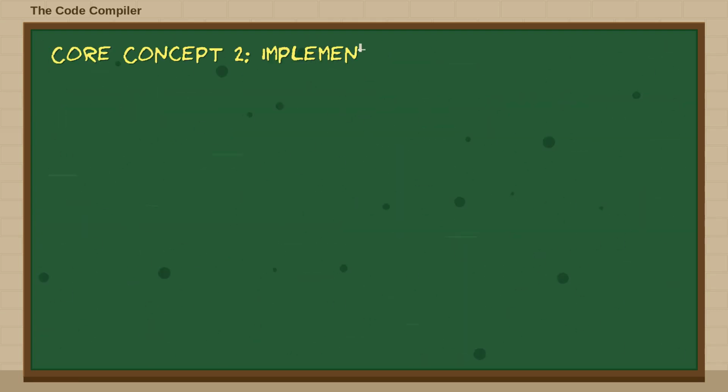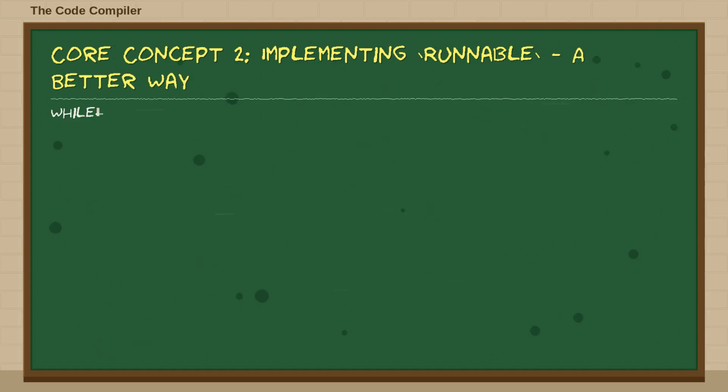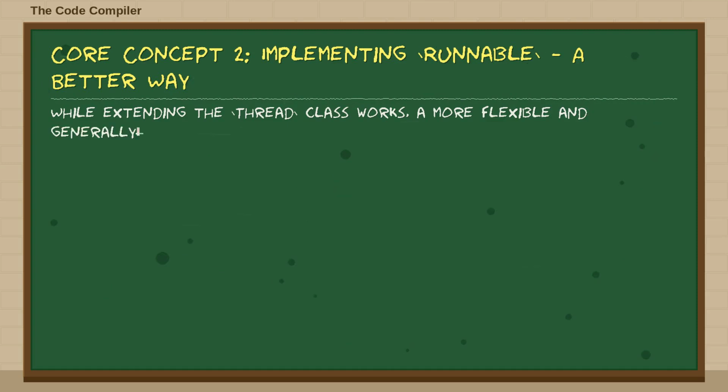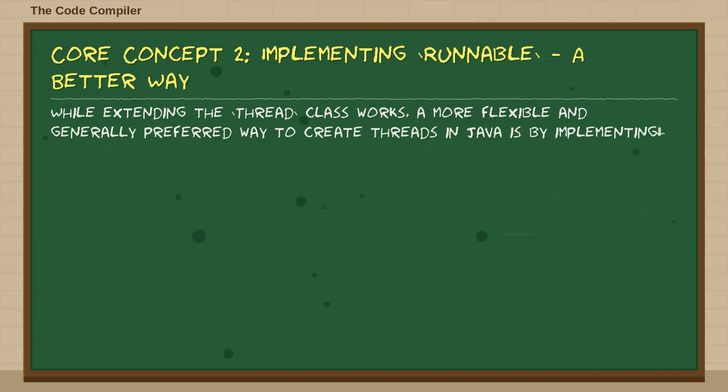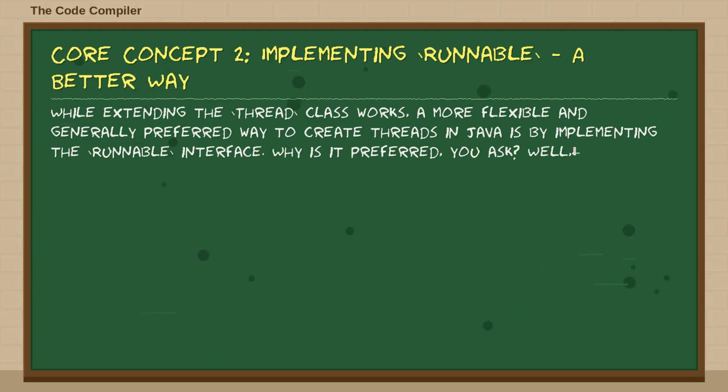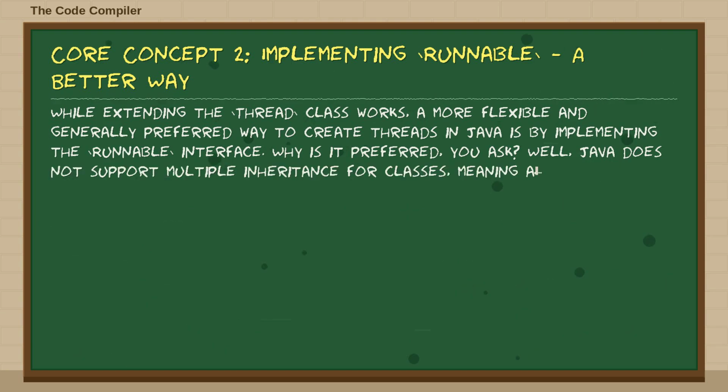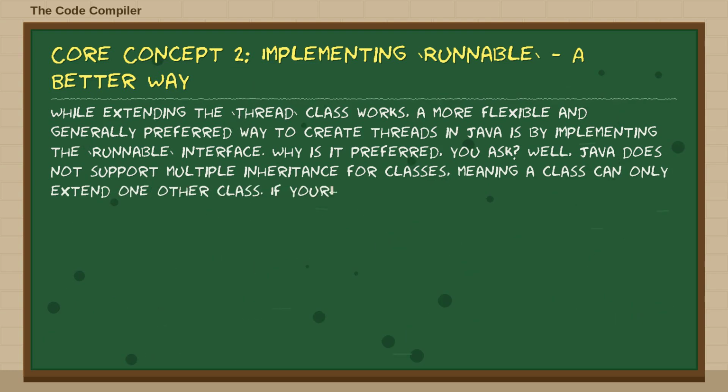While extending the Thread class works, a more flexible and generally preferred way to create threads in Java is by implementing the Runnable interface. Why is it preferred, you ask? Well, Java does not support multiple inheritance for classes, meaning a class can only extend one other class.